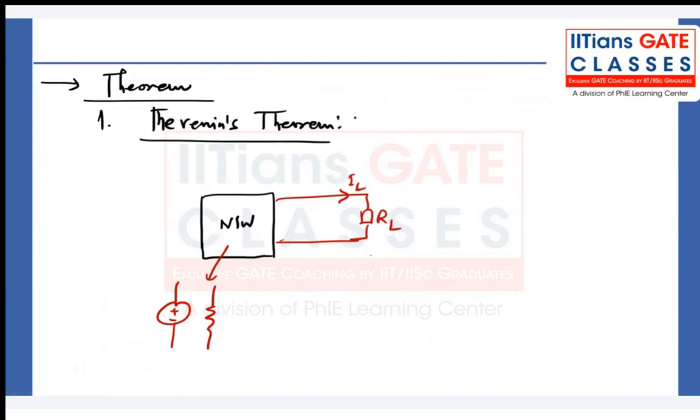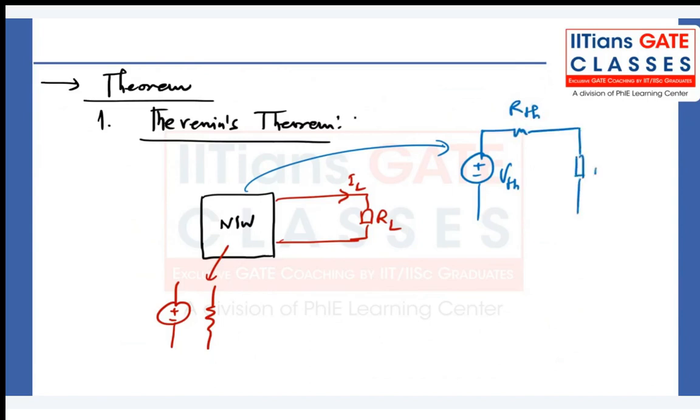you can apply Thevenin's theorem here. Thevenin's theorem says that this entire network should be seen as a single voltage source, known as VTH or Thevenin voltage, and one resistance, RTH. Then you connect RL again here and determine IL. So the entire black box network, which you don't know about, can be considered as VTH and RTH.